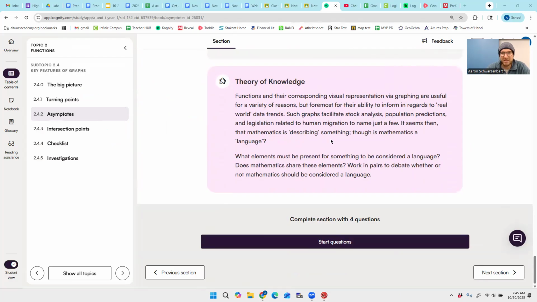It seems mathematics is describing something, though is mathematics a language? That's a question you can debate and think about. What elements must be presented for something to be considered a language? Does math share these elements? You can discuss this in theory of knowledge class.